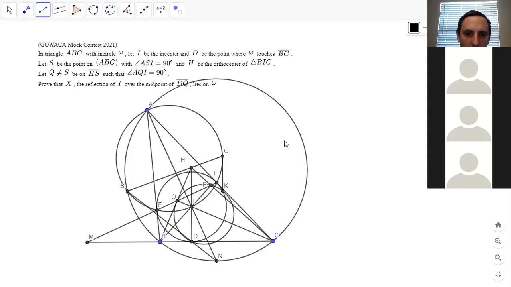And then maybe we could show angle BID equals angle, yeah, I'm just guessing here. Maybe we could show angle BID as angle IDK.